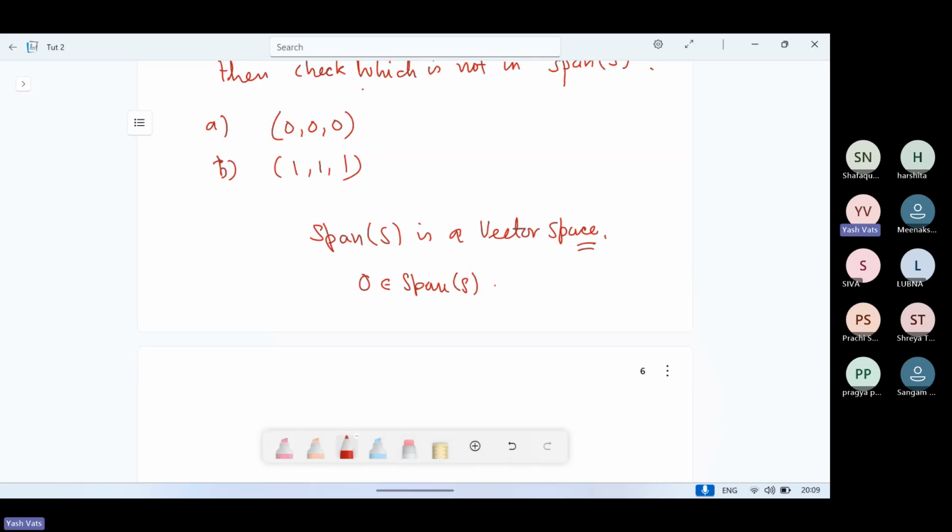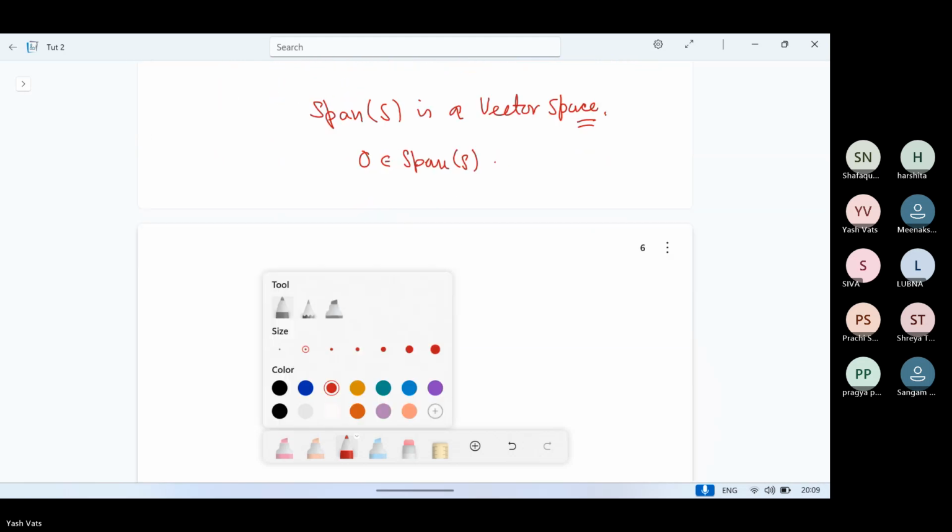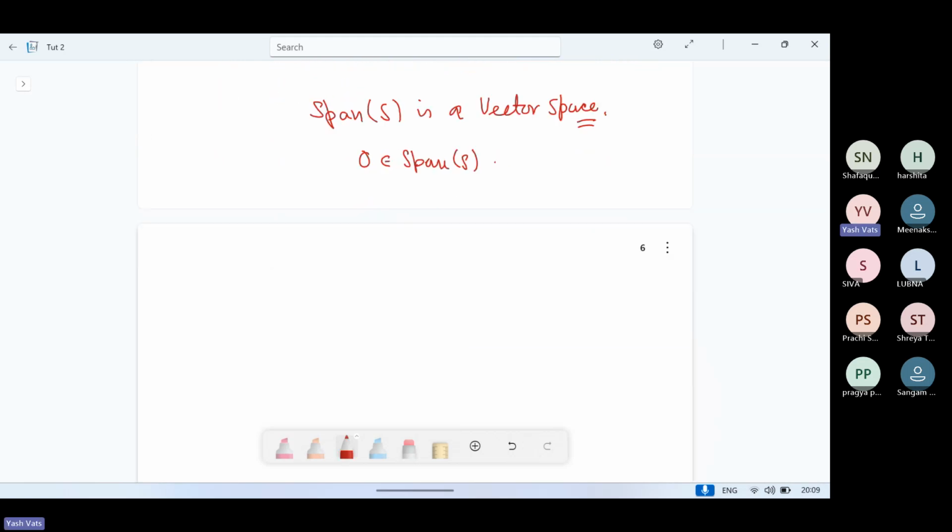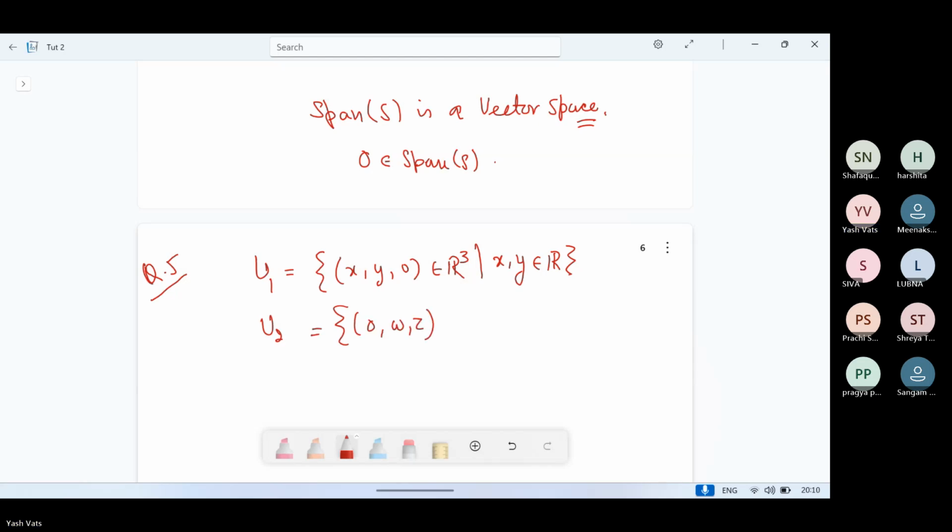So we have another question. We have a direct test question. Let U1 be the space {(x,y,0)} in R3 such that x, y are in R, and U2 be the space {(0,w,z)}.